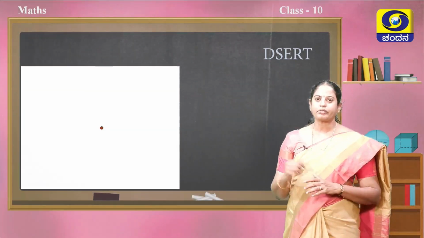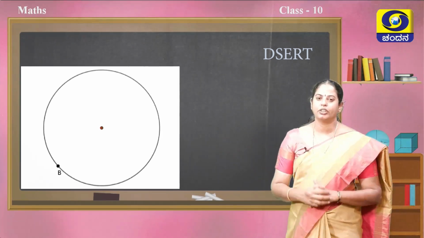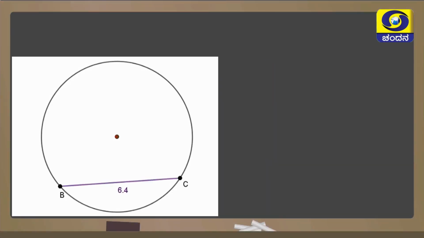Now, observe this video. Here BC is the chord, its length is 6.4. Now, I marked the point, that is the perpendicular distance of this chord from the center. If I go on changing the length of the chord, you observe that as I move the chord towards the center, the perpendicular distance is becoming less.